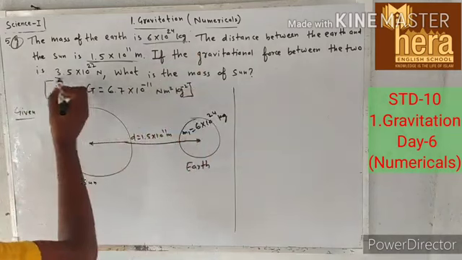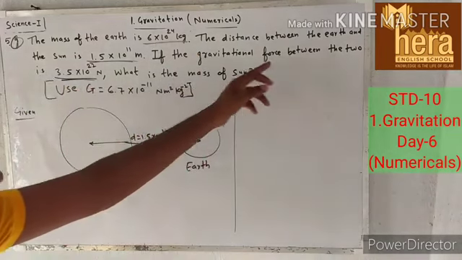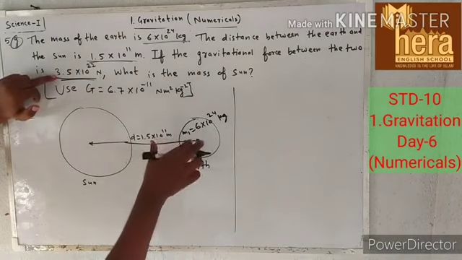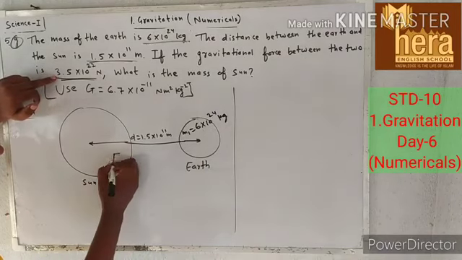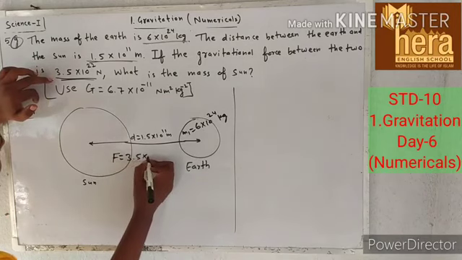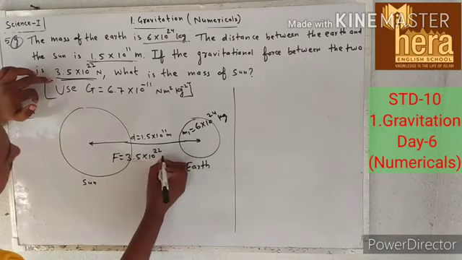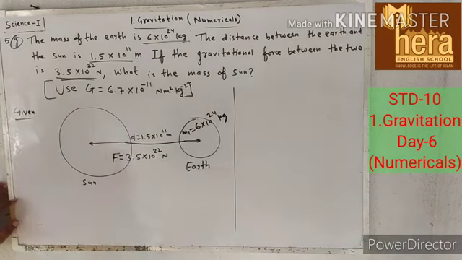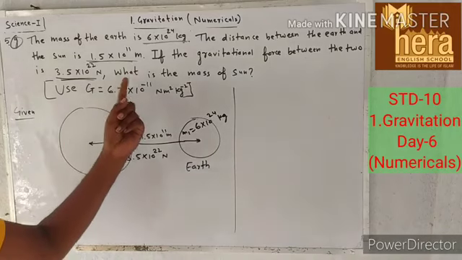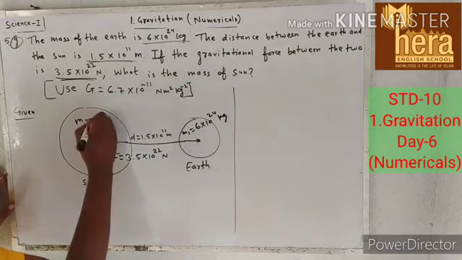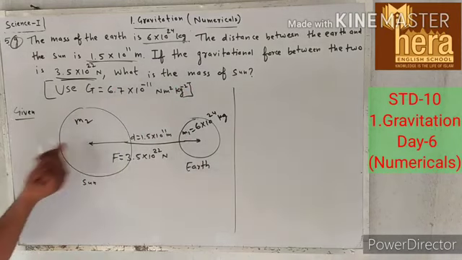The gravitational force between the two is given, F is 3.5 into 10 raised to 22 Newton. What is the mass of the Sun? And G is also given. Say this is M2. M2 is the mass of the Sun.